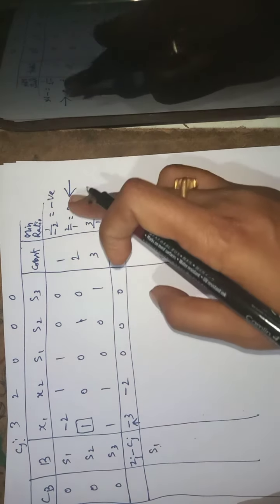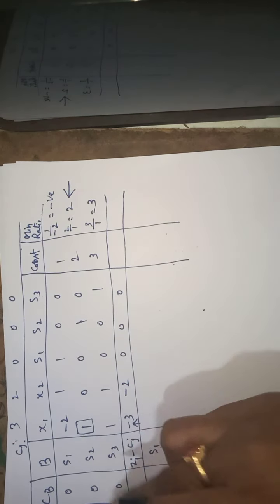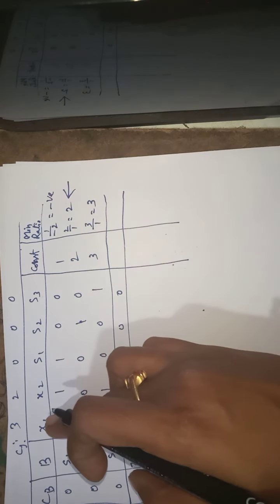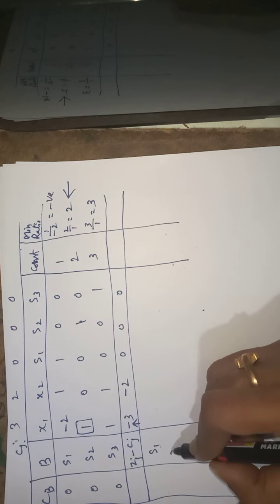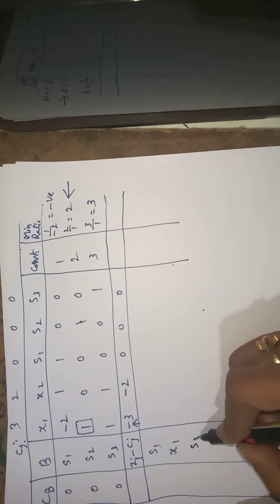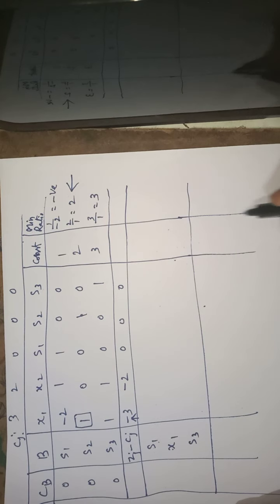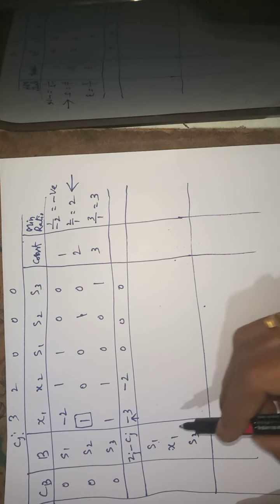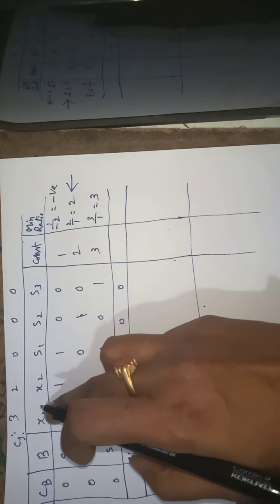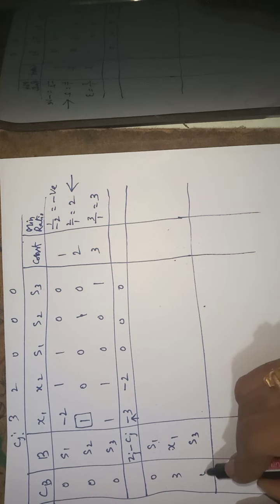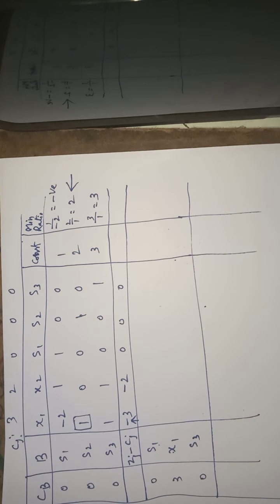S3 I did not touch, as it is I wrote. And above x1 the value is 3, so 3 as it is. Above s1 0 is there, above s3 0 is there. That's why I wrote as it is.